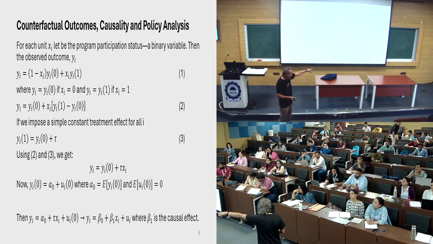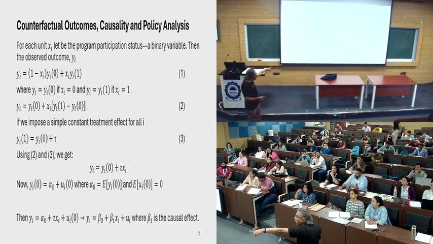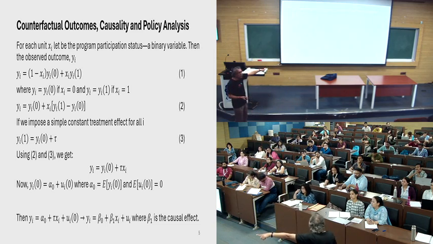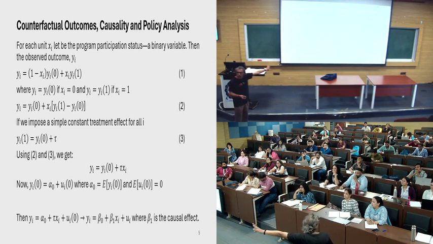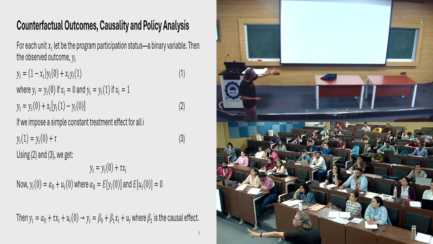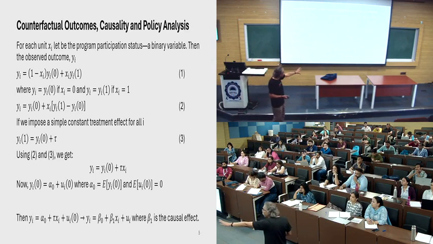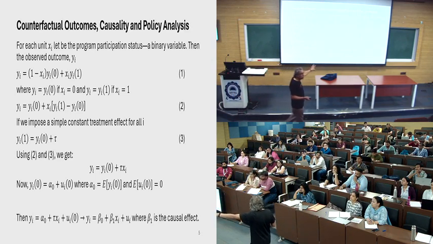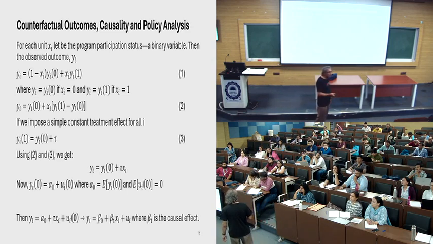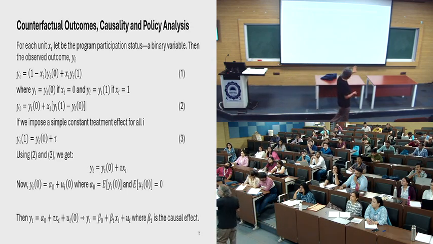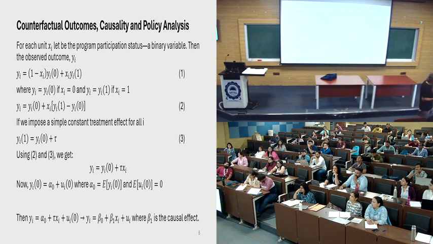Clear? Fine. Note Yi0 can also be written as a constant, alpha 0, plus a random error, ui0, where alpha 0 is nothing but the expected value of Yi0. Clear? And the expected value of ui is always equal to 0 because that's my random error term.